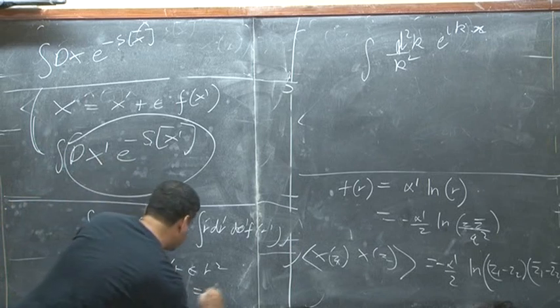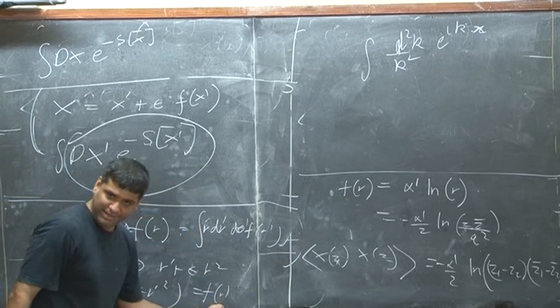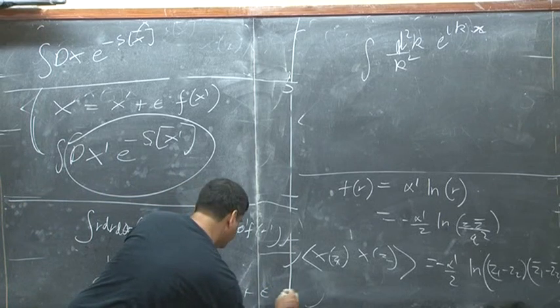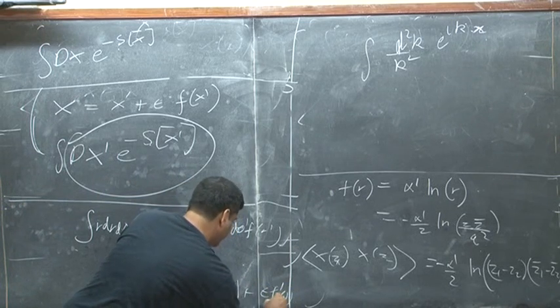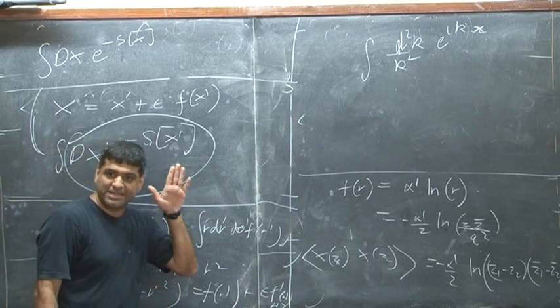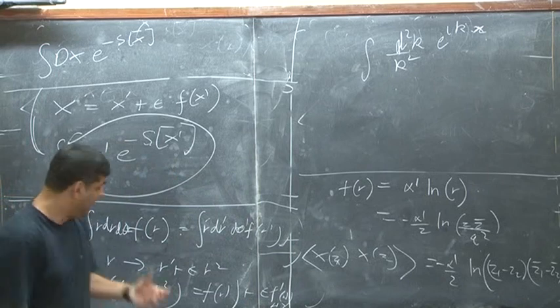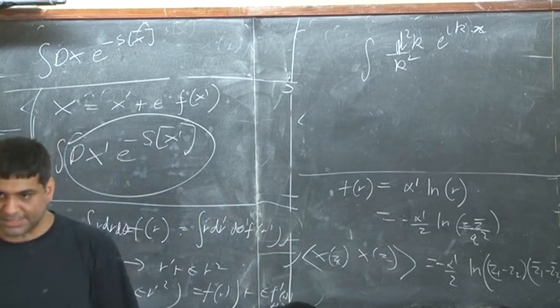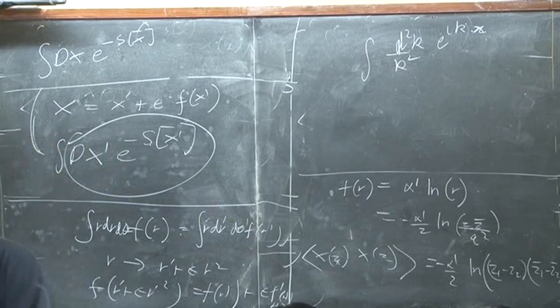When you Taylor expand, this is f of r prime, which is what you wanted, but plus an additional term that you didn't want, which is epsilon times f prime of r prime times r prime squared. So though the integral will remain the same as a number, its form expressed in terms of your variables has changed. That is not a symmetry.